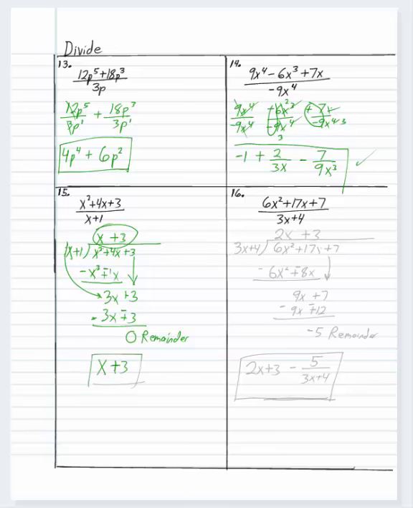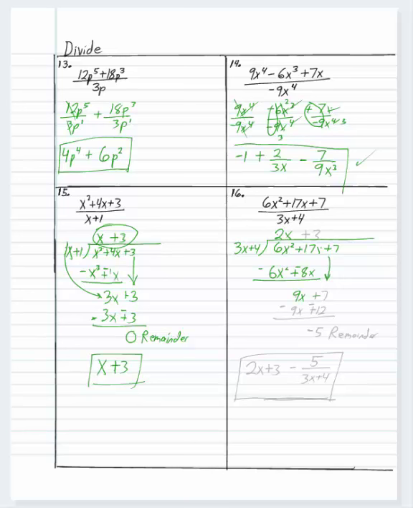Alright, let's try that with number 16. 3 goes into 6 2 times, and x goes into x squared x times. So we'll do 2x times 3x, which is 6x squared, and 2x times 4, which is 8x. Again, I'll change the signs. So 6 minus 6 is 0, and 17 minus 8 is 9x.